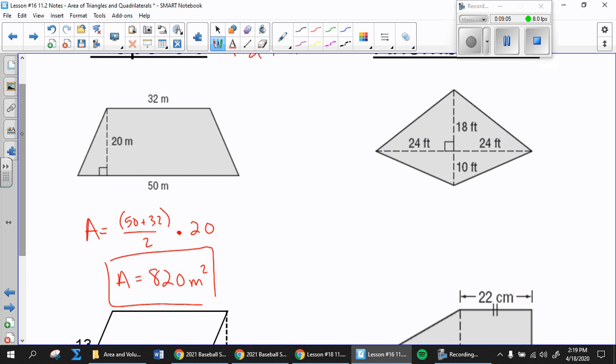Over here, we have a kite. Okay, we have a kite. So remember, kite is diagonal 1 times diagonal 2 divided by 2. And so for us here, let's call this diagonal 1. So 18 plus 10 gives me 28. We'll call this diagonal 2.